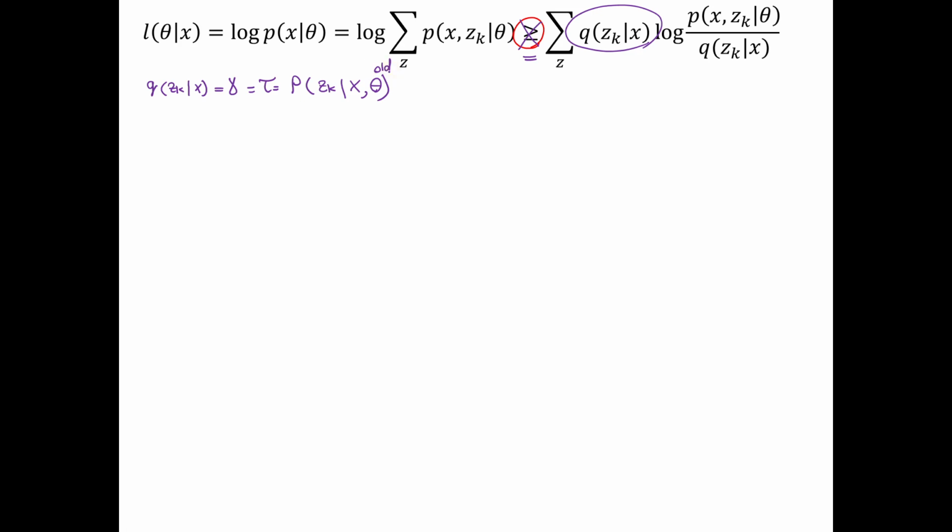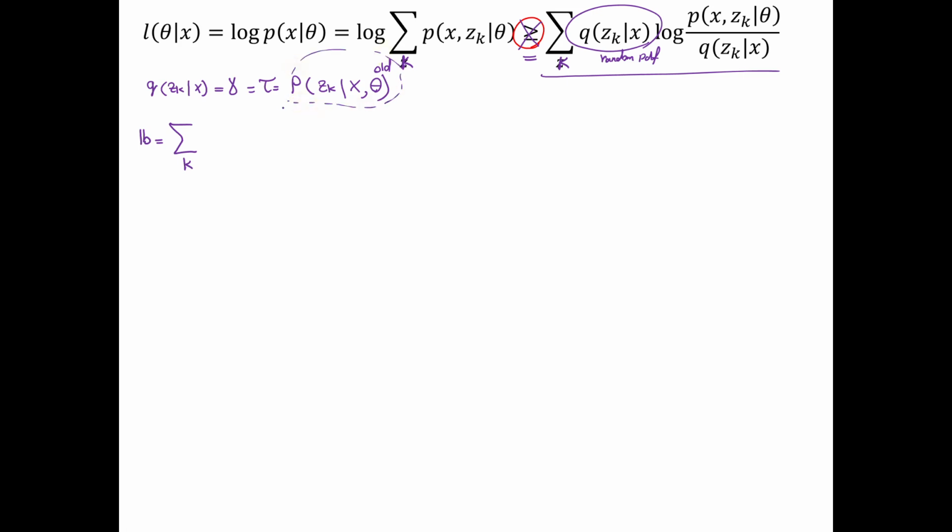And this is our old, something which is given to us. Okay. So let's look at this part, the lower bound. Let me write it as LB, lower bound. So this random PDF, I should replace it with what? By the way, these should be K. So what is our responsibility? What did I use?